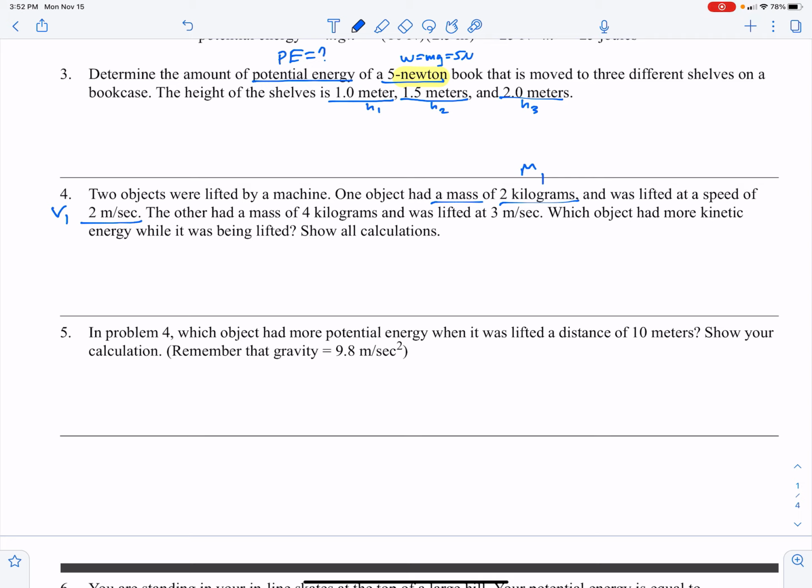The other had a mass of 4 kilograms. We'll call that mass 2. And it was lifted at a speed of 3 meters per second. We'll match that with M2 for calling it V2. And it's asking which object had more kinetic energy while it was being lifted. So you have to calculate kinetic energy twice. Let's take a look.